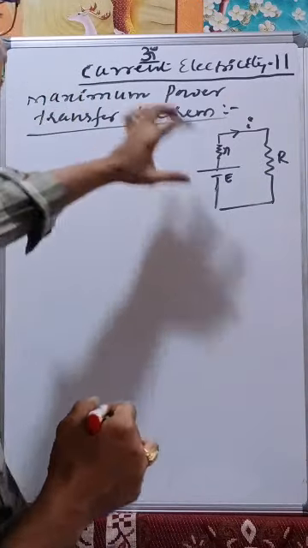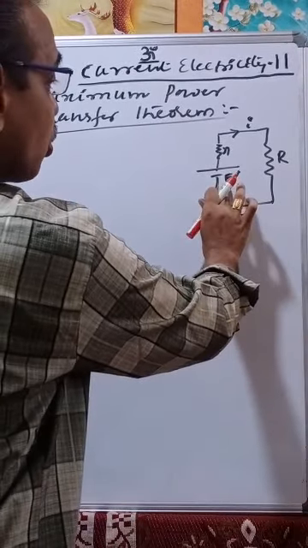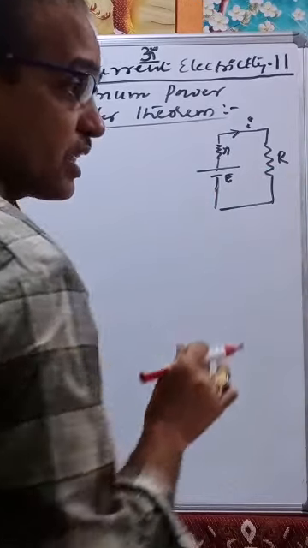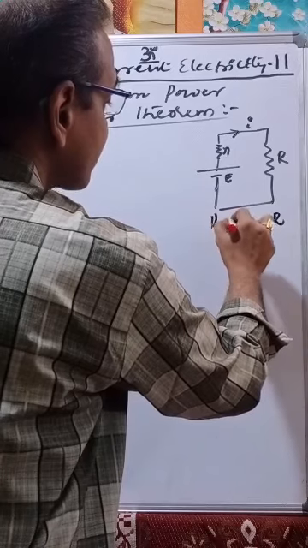Now what the theorem says is maximum power is delivered by the source to the load resistance when the source resistance is equal to the load resistance.